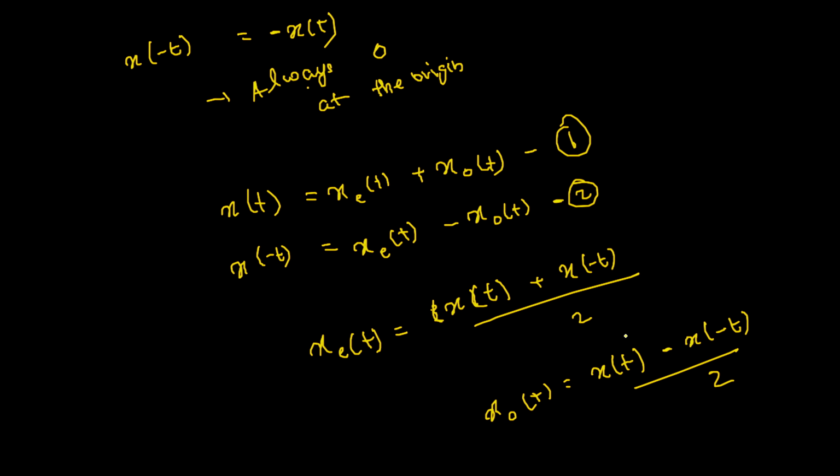So basically what we're doing here is we'll be given the graph of x of t and we have to find the even and odd parts. So we take the graph, scale it by a factor of 1 by 2, take a reversal of the graph, scale that too by 1 by 2, and then add it. Similarly for the odd part, instead of scaling the time reversed graph by a factor of 1 by 2, we scale it by a factor of minus 1 by 2. So let's see how this is done using a question.